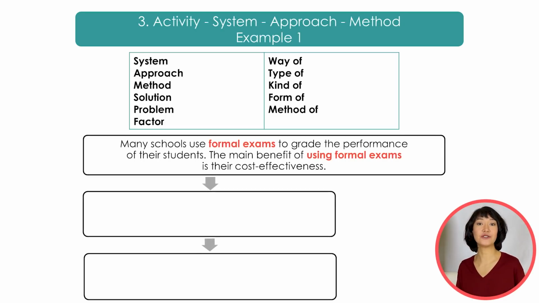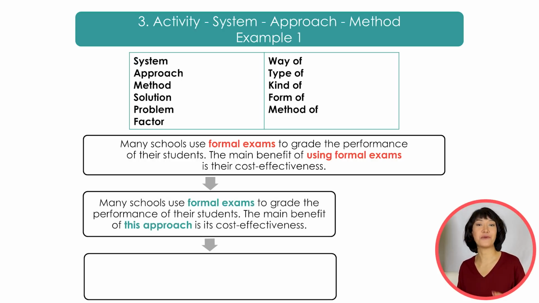Many schools use formal exams to grade the performance of their students. The main benefit of using formal exams is their cost effectiveness. So here we need to replace using formal exams in the second sentence. What word from the left column could you use here? I would choose this approach.